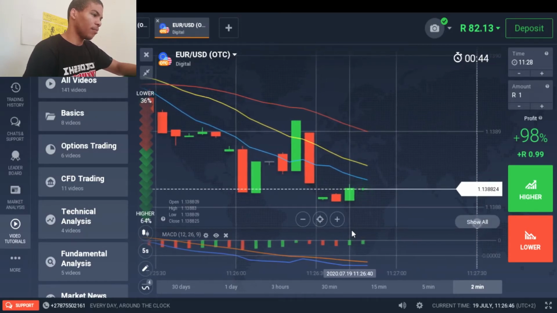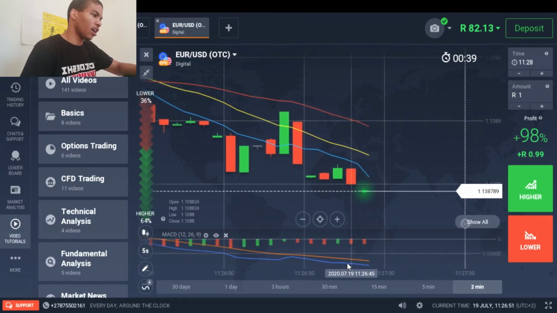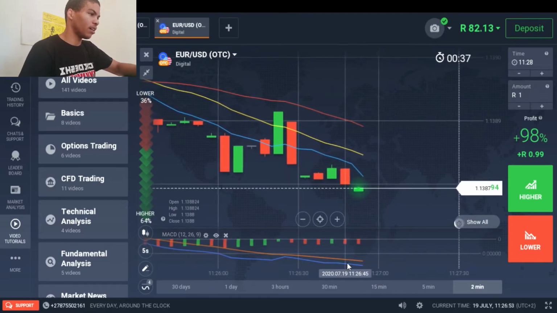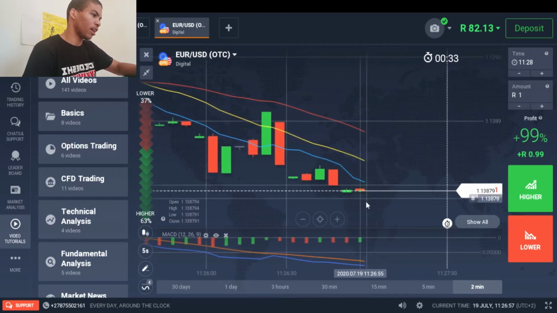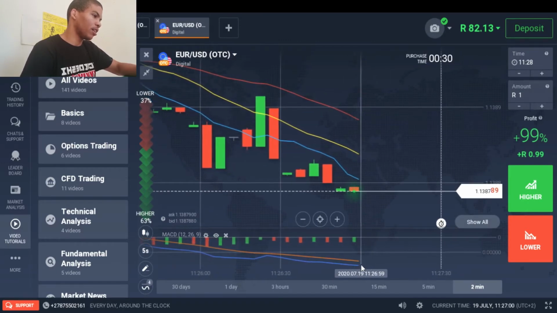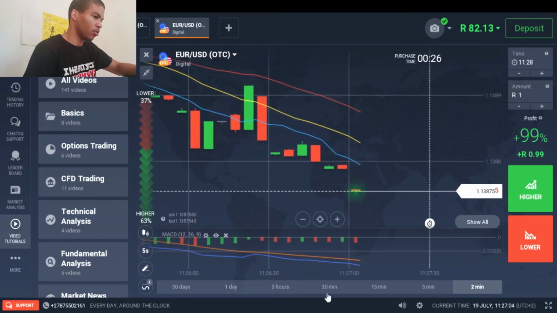The MACD is basically a few minutes ahead of your regular moving averages, so you can see in a way what's going to happen with your moving averages based on what you see with the MACD.